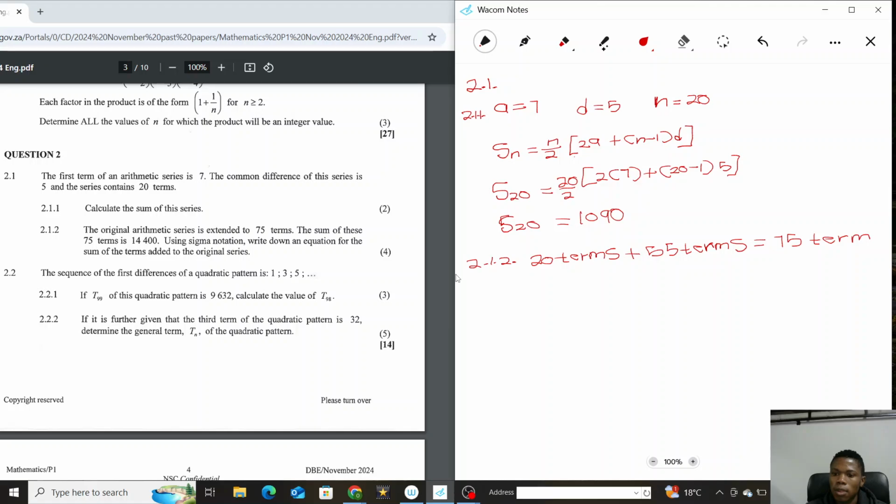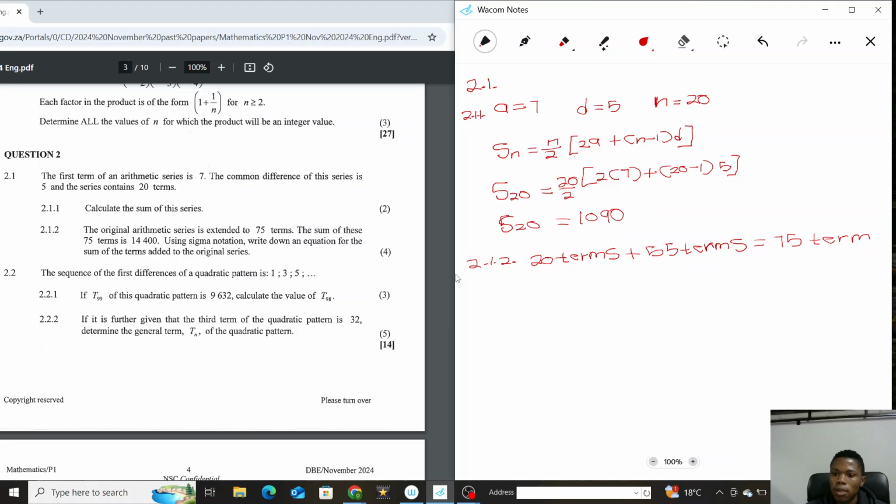The sum of these 75 terms is 14,400. They say, using sigma notation, write down an equation for the sum of the terms added to the original series. I know that the sum of the first 20 terms is 1090, and the sum of the 55 terms that are added, I don't know.